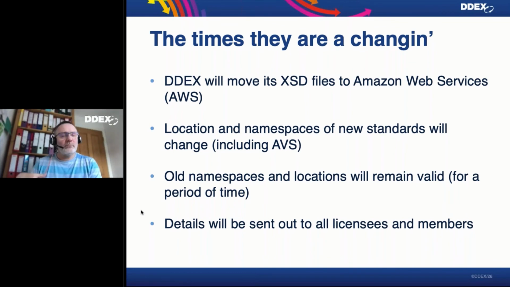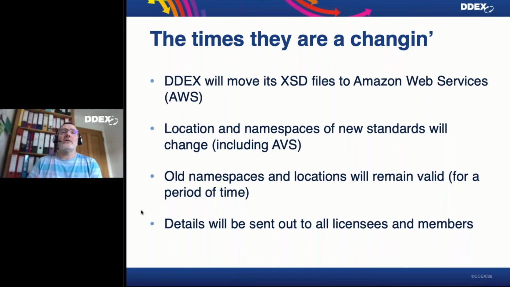We are in the process of moving that to an AWS instance, which of course makes it much easier to scale things up and have specific caches all over the globe.